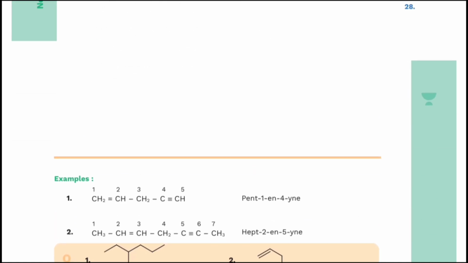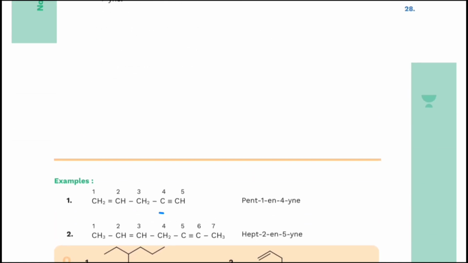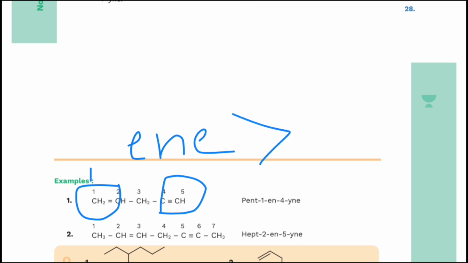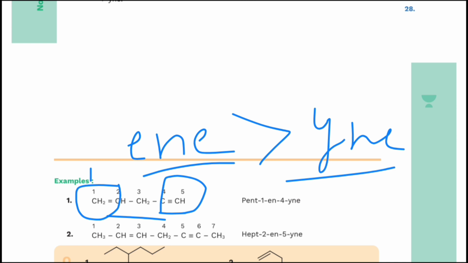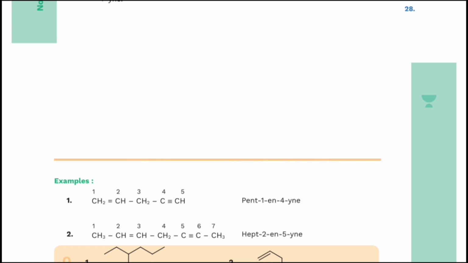Okay, you can see examples here. The triple bond is present at this carbon, and the double bond is present at this carbon. We start numbering from this side as ene comes first in alphabetic order. So we will write this pent-1-ene-4-yne, and hept-2-ene-5-yne for this one.